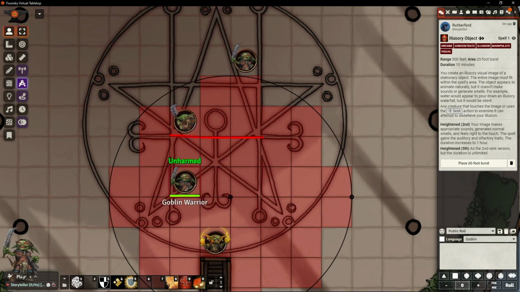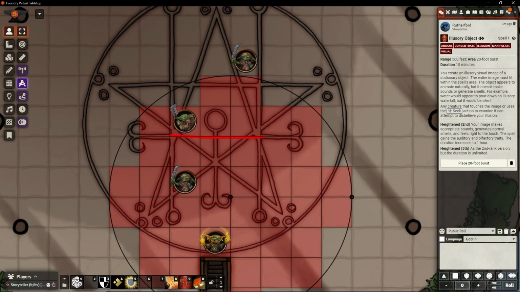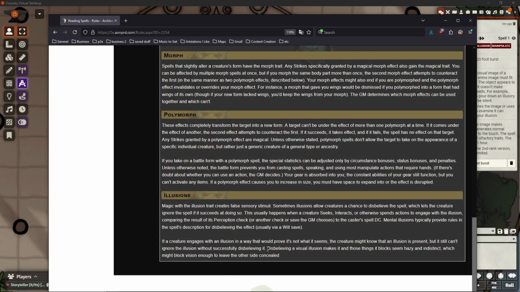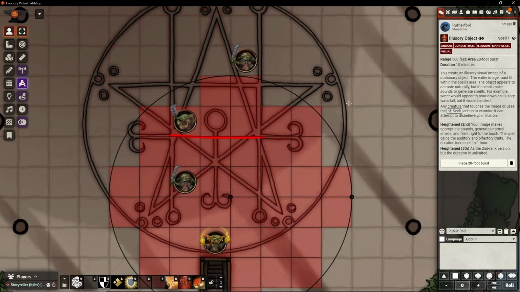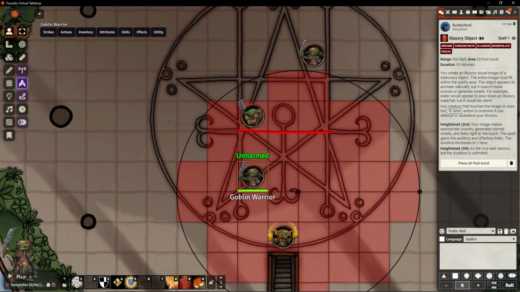And in this case, because of the rule that was provided from the section here, saying that disbelief checks usually happen when a creature seeks, interacts, or otherwise spends actions to engage with the illusion, there are two rulings here. The very strict ruling off of that guidance would be that only this Goblin Warrior, who just saw the Commando he shoved go through the wall, will get to make a disbelief check.